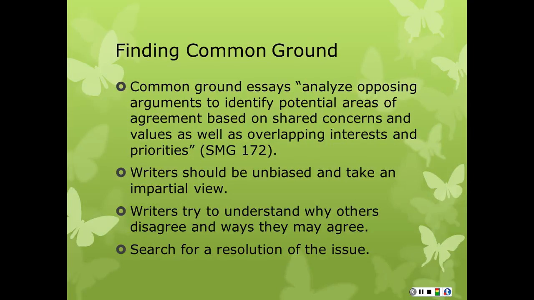You are going to have to try to be unbiased, and that means you want to be fair and balanced. You don't want to present one side more than the other. You want to give them both equal representation.